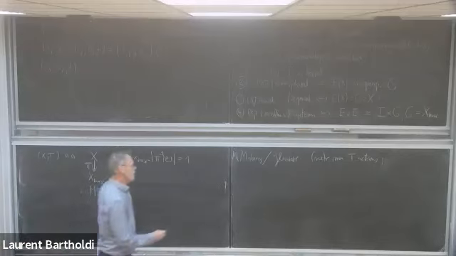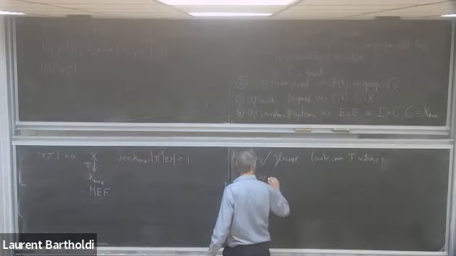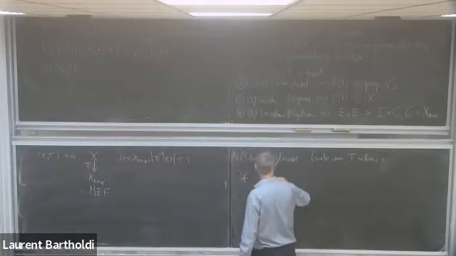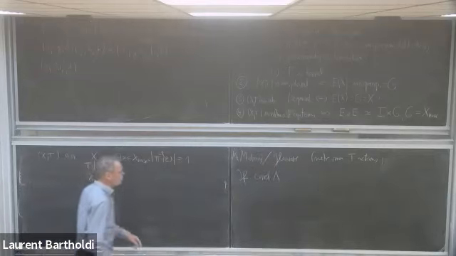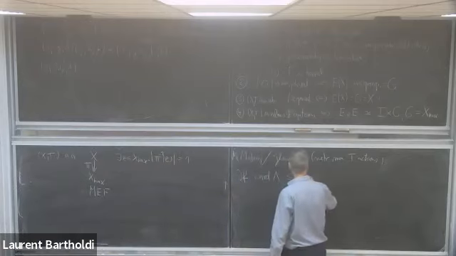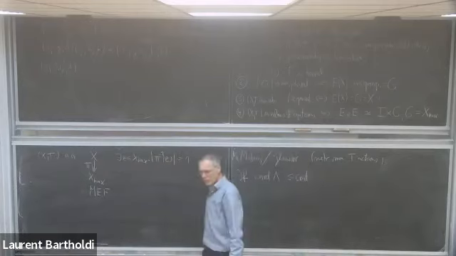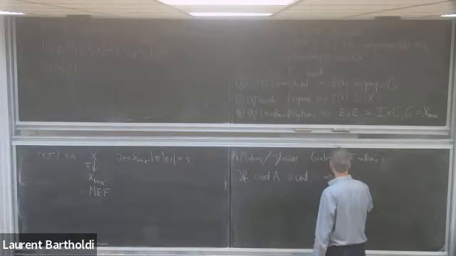They don't say it in these words, but it's about this: if the cardinality of this set lambda is small, at most the continuum, then this must be a PI flow.